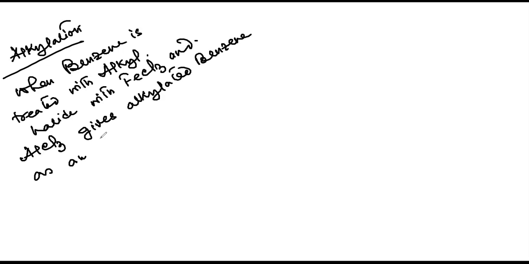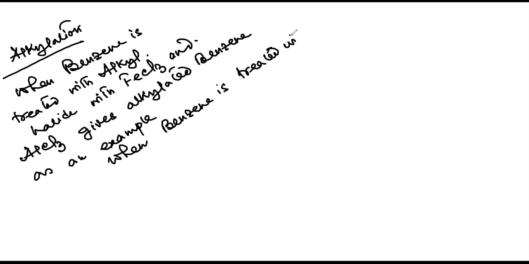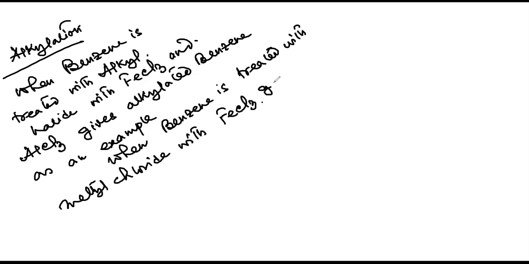As an example, when benzene is treated with methyl chloride with FeCl3, it gives toluene as product. Gives toluene as product. Now you can see here. I'm writing the reaction here.